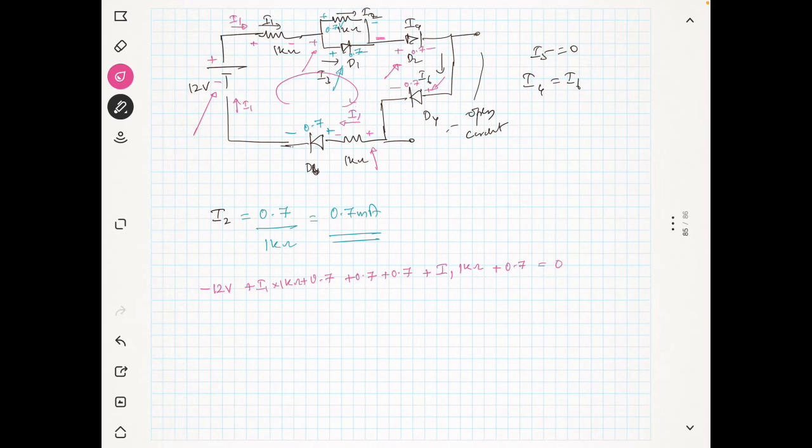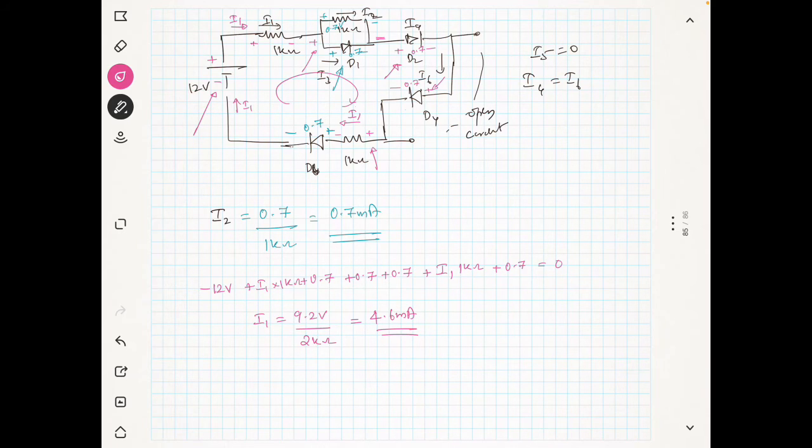If you solve this equation, you can find I1 as 9.2 volt divided by 2 kilo ohm, so you will get 4.6 milliampere.